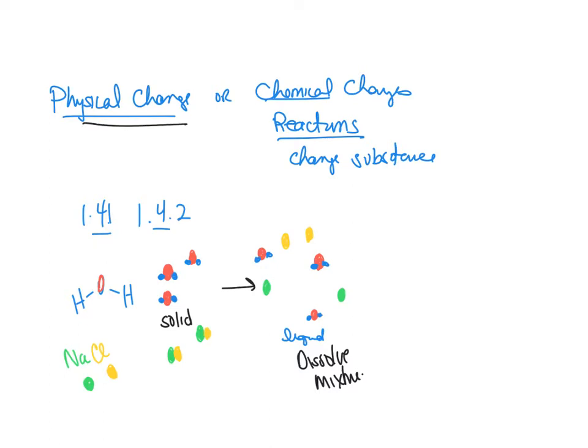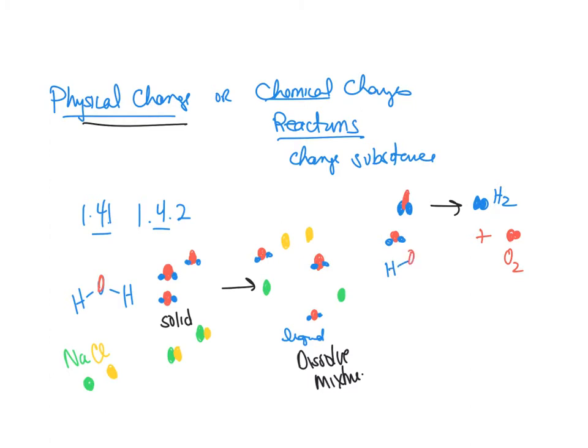A chemical reaction is if you take something like water and then you make something different, like you make hydrogen plus oxygen. Okay, so now you have oxygen and you have water, and this is a different molecule.